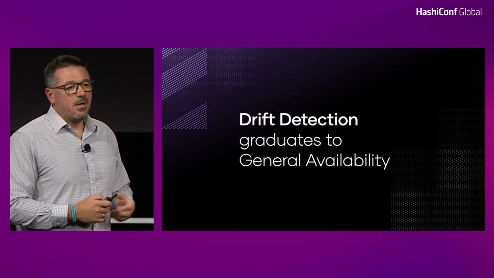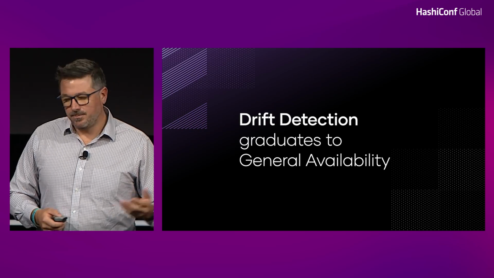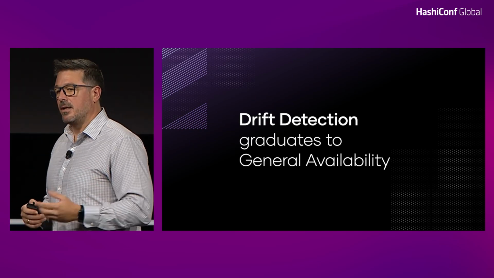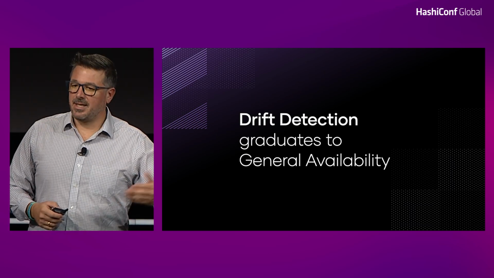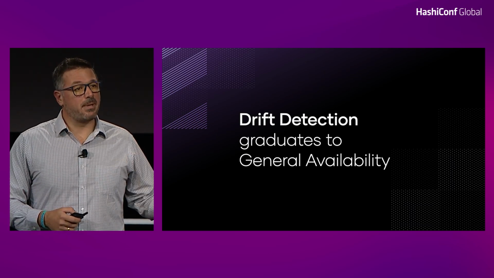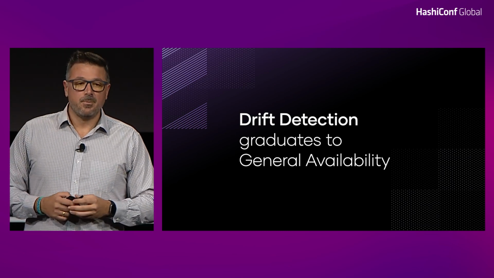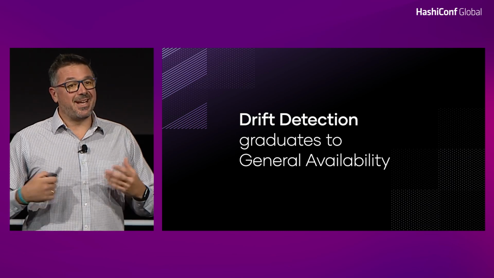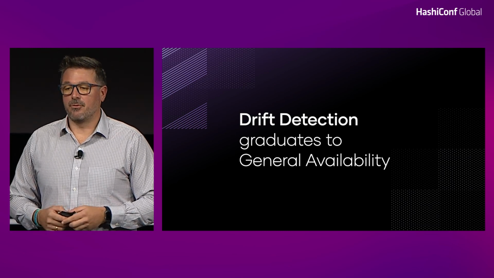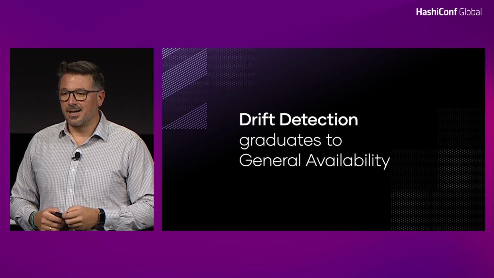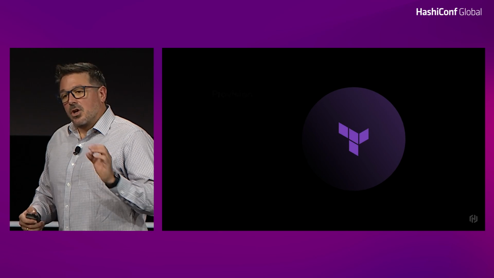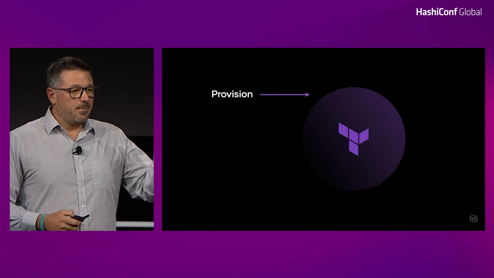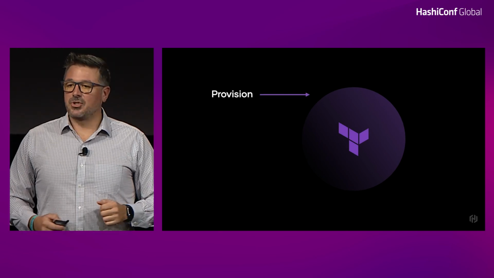To recap, we released drift detection a few months back in Amsterdam at HashiConf EU. I'm excited to say that it's now generally available. It was a beta release, and now it's GA. Thousands of workspaces have been enabled for drift detection, and super excited to see the adoption that we've had. The underlying system that works with drift detection essentially is this loop, right?